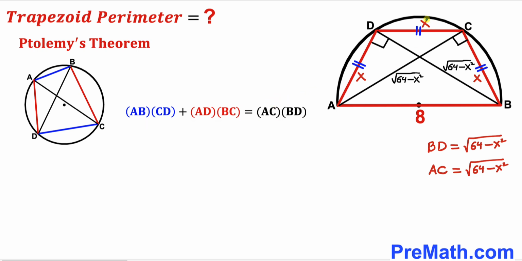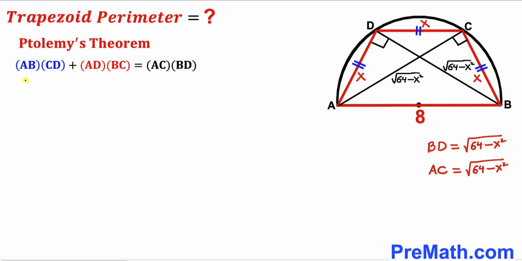And in our case, our side lengths are 8, x, x and x, and our two diagonals are square root of 64 minus x square each. So let's go ahead and fill in the blanks in this formula.